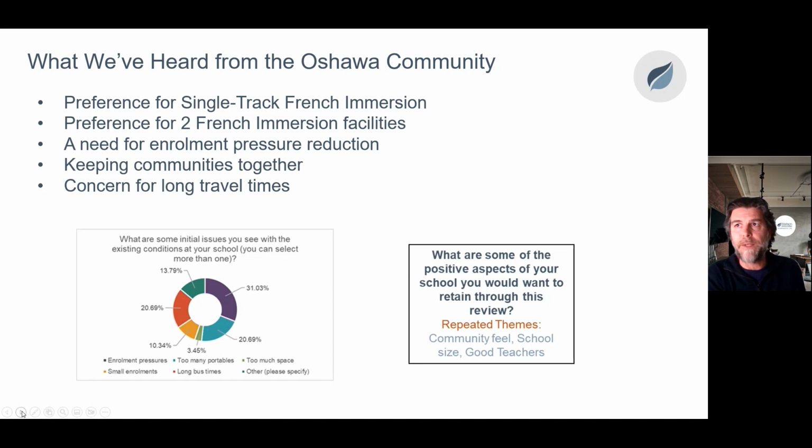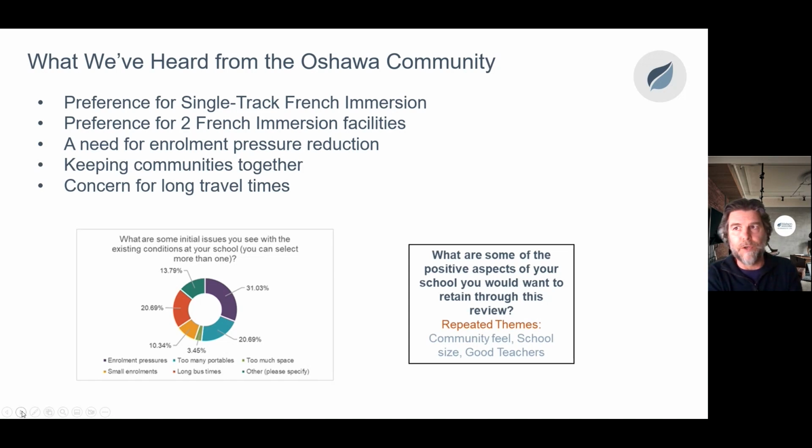And from that feedback, there's a couple of things that are starting to come from it. One thing that we're starting to hear is that there seems to be a preference for single track French immersion programming. There seems to be a preference for two facilities in the city of Oshawa rather than one. With regard to single track French immersion programming, a lot of the feedback wants to see a reduction in this enrollment pressure that we spoke about.